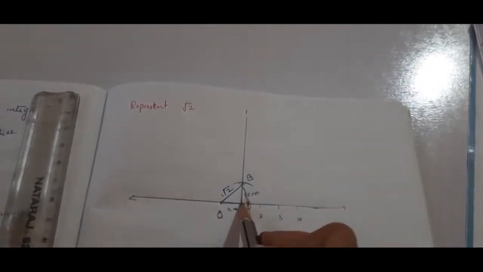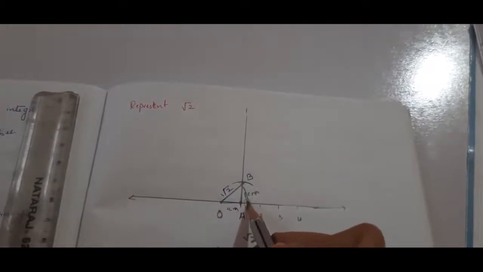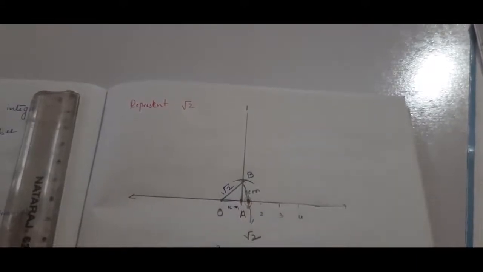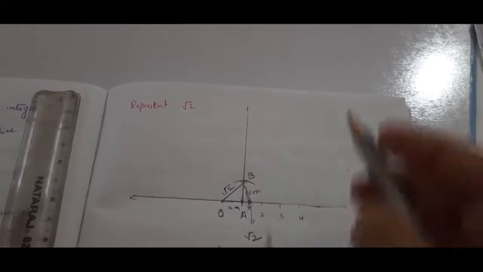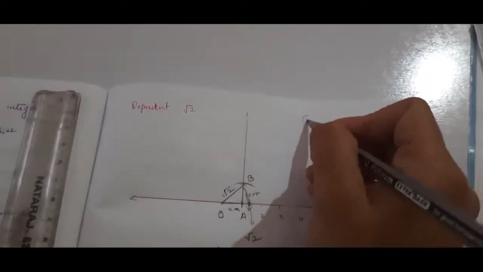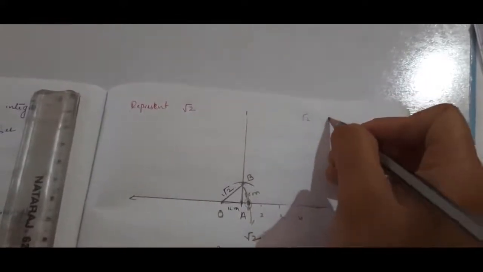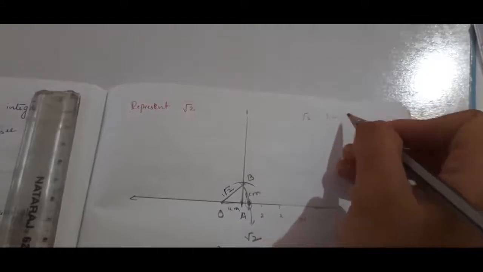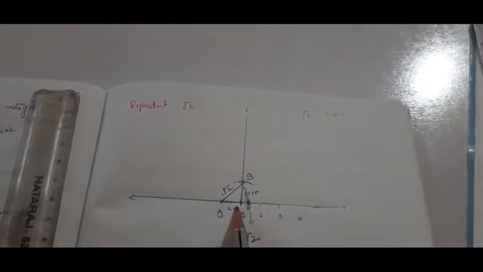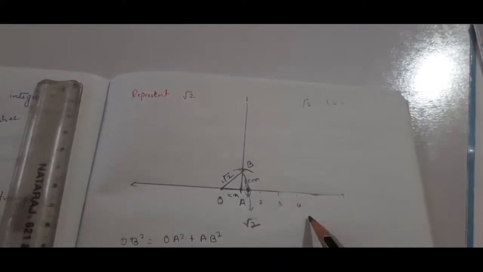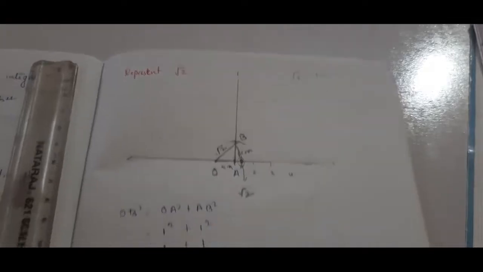OA is 1, and after this we got root 2. Students, when we calculate root 2, what is the answer? We get 1.4. See, after 1 centimeter only we got root 2 here, is it? So this representation of root 2 is right. Understood? This is about the representation of an irrational number on the number line.